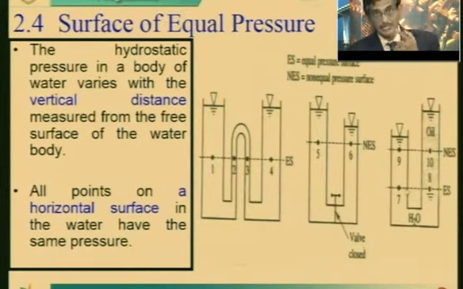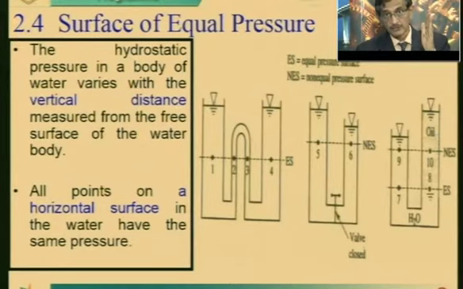Now the third one, you can see points 9, 10, 7 and 8. In this case oil is there. At 7 and 8 we have water. On the left side, 7 and 9 are water, and on the right side up to point 8 it is water, above which oil is there.